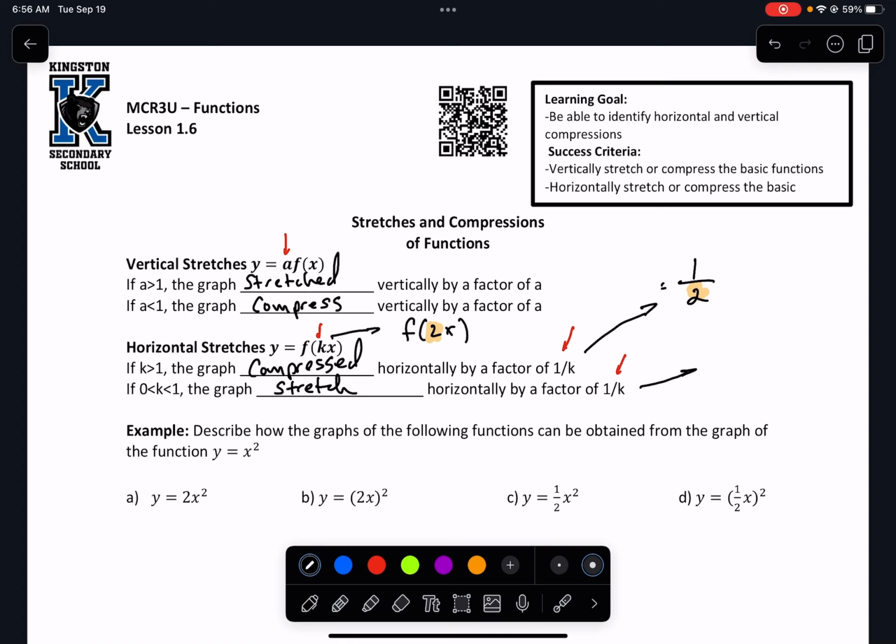Whereas if we use the same example, but this time k is between 0 and 1, just for simplicity's sake we'll use a half. Half would be between 0 and 1, so I'm going to put 1 over 2. And you can ask yourself, how many times does 0.5 go into 1? Well, it's 2, which is where this idea of a stretch comes from, and it's behaving in the opposite manner.